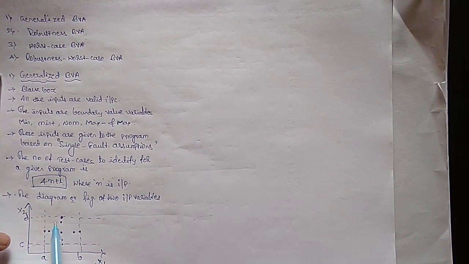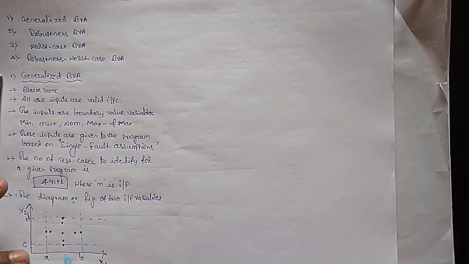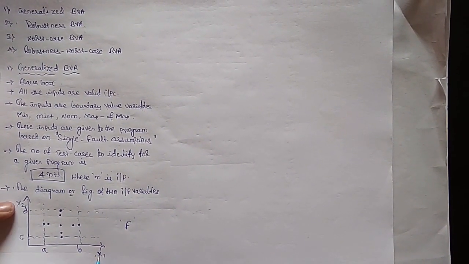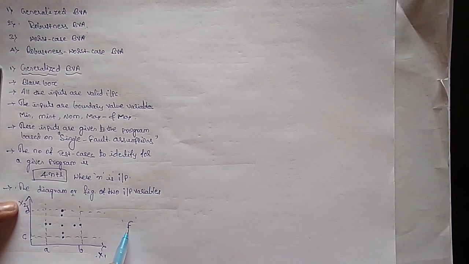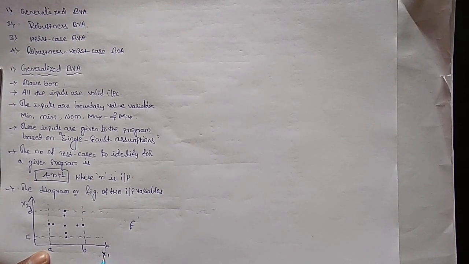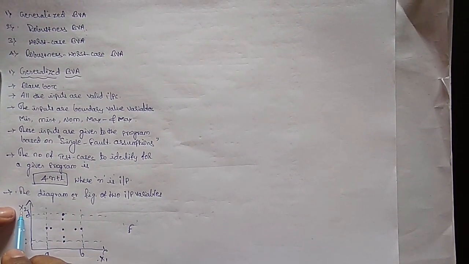Okay. So this is the diagram of how generalized boundary value variables will exist. Let us consider here program f is one function, where f acts as a program. Here x1 and x2 are the 2 inputs for this program implemented as f. Here a to b is the lower limit and upper limit of the x1 variable, and c to d is the lower limit and upper limit of x2.